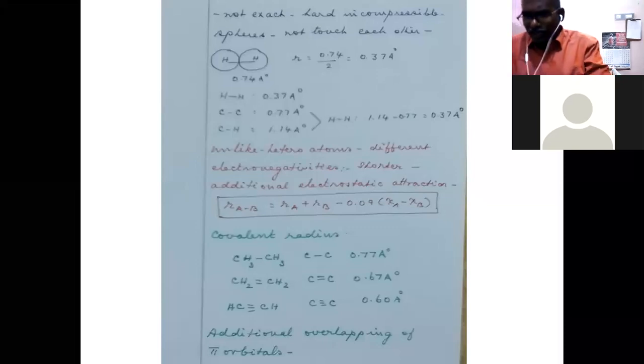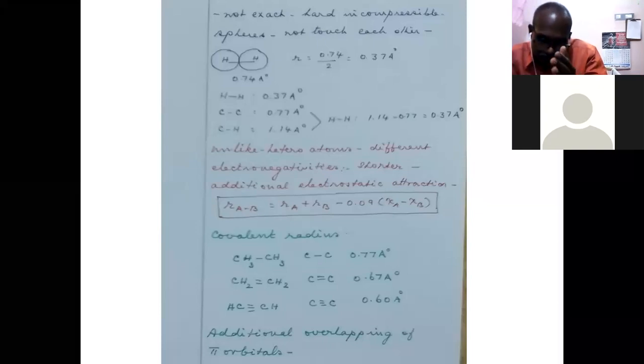But when unlike atoms, that is heteroatoms, are present with different electronegativities, I have already discussed what electronegativity is. It is the capacity of an atom to attract the shared pair of electrons towards itself in a covalent compound. In such cases, the electron density will be shifted towards one particular atom. And apart from the sharing of the electrons, there will be additional electrostatic attraction between the two atoms.